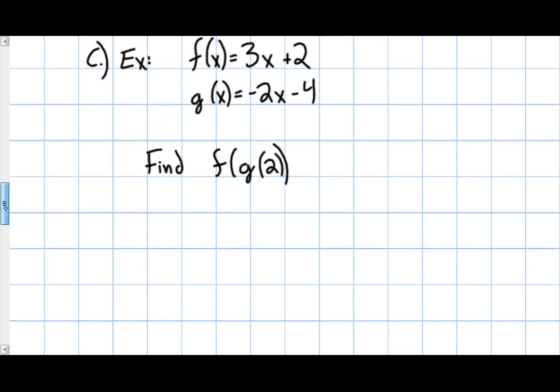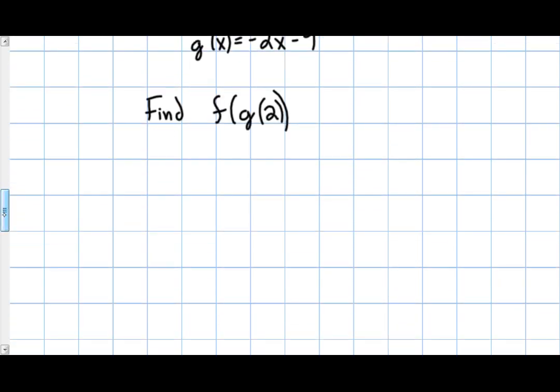Well, all right, I think we can handle this. Remember, we start in the middle first, on the inside. So step 1 is going to be find G of 2.